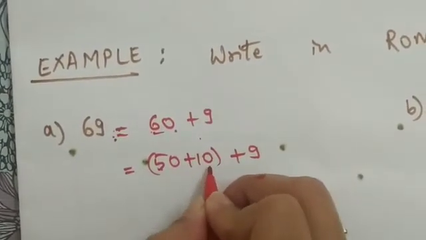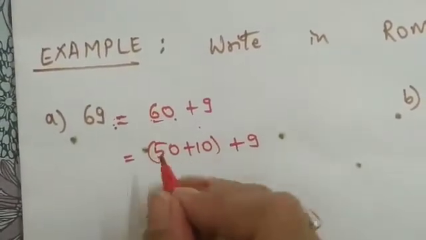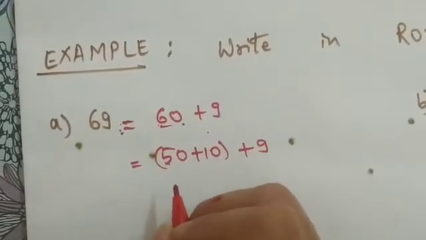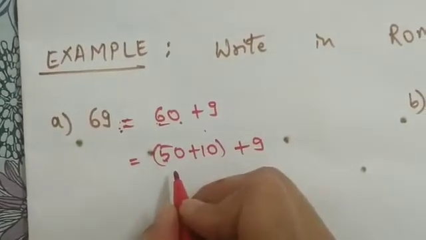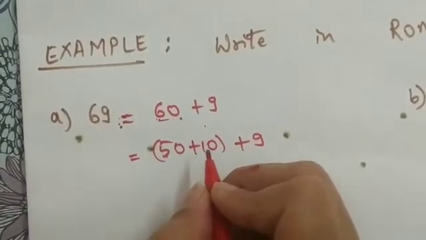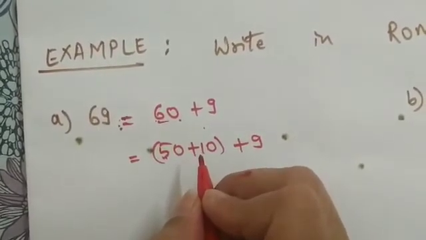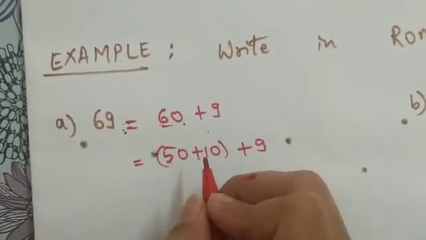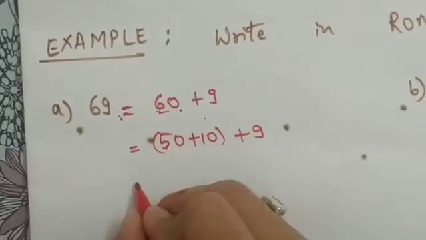So for 50 plus 10, you have studied the rule that if the smaller numeral is written to the right of the greater numeral, then we have to add.